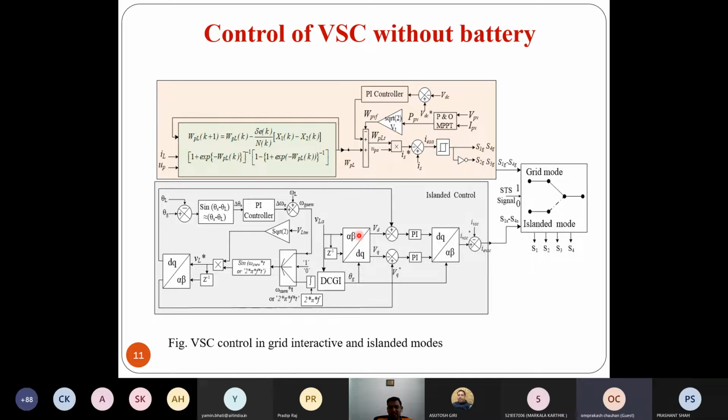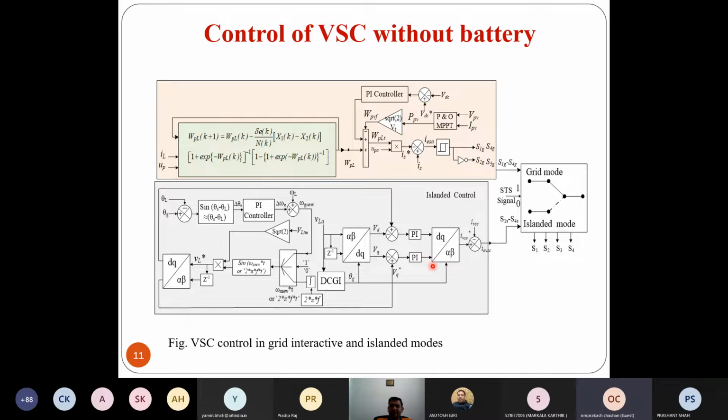This sensed voltage is again converted from alpha beta to DQ, as this is a single phase system. We have the sensed Vd Vq and the reference Vd Vq, and we compare them to control this particular voltage. The voltage error is given to the PI controller again, so we'll get the DQ to alpha beta.